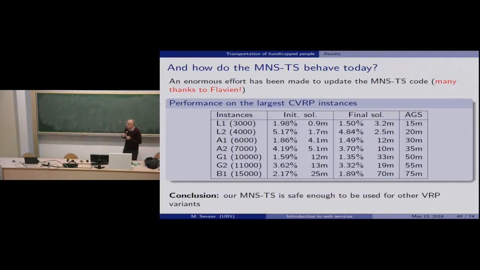And in our opinion, this is a good start for working with other VRP variants. We know we are not going to win the race, but this is not the goal of our approach. The goal is to have a safe, stable solver for VRP problems.